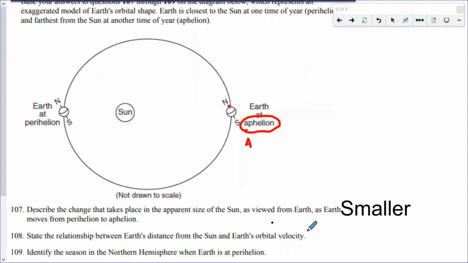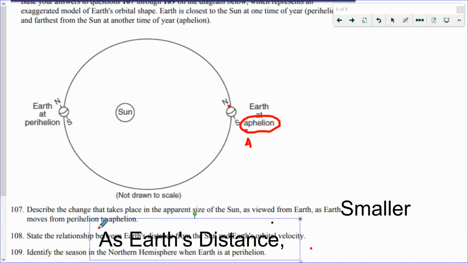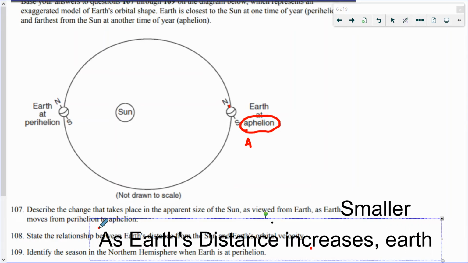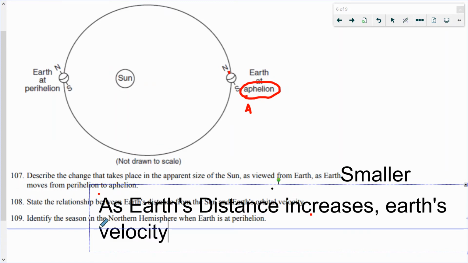So anytime you're doing a relationship, as you put the first thing, what's the first thing? As Earth's distance increases, the sun and Earth's orbital velocity. As the distance increases, it's the first thing. The second thing is Earth's velocity. What's the Earth's speed do?